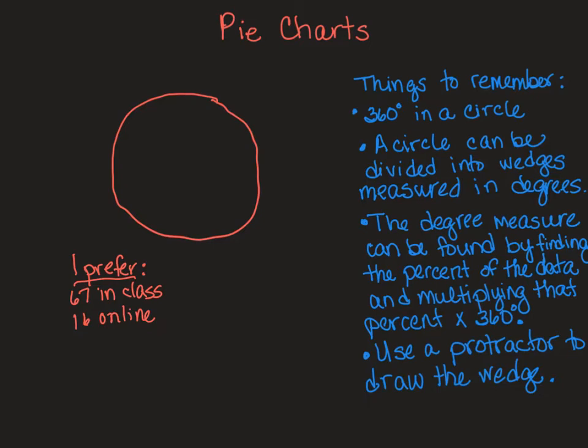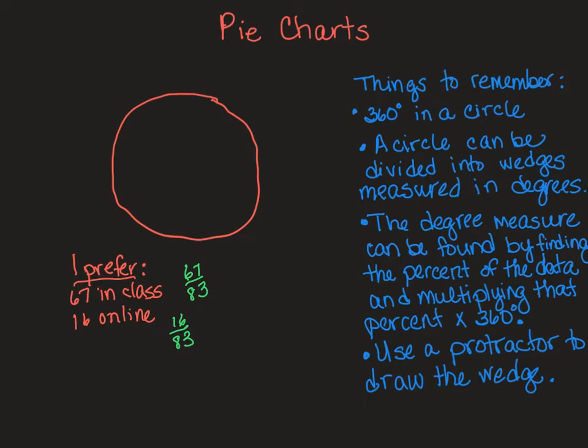I now know that there's 83, so I know that this is going to be 67 out of 83 for in class, and online would be 16 over 83.